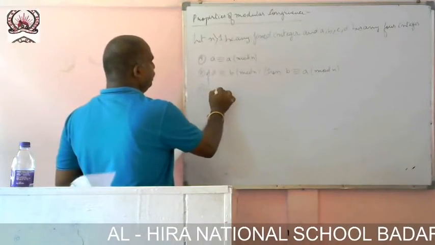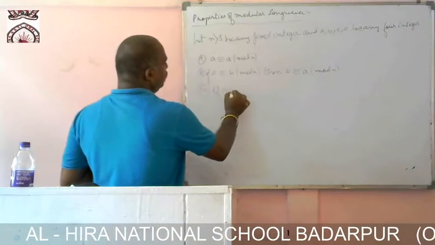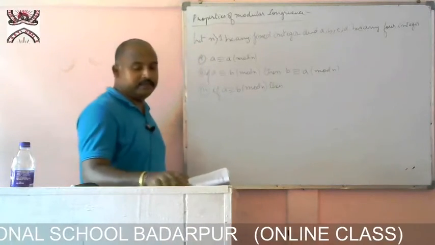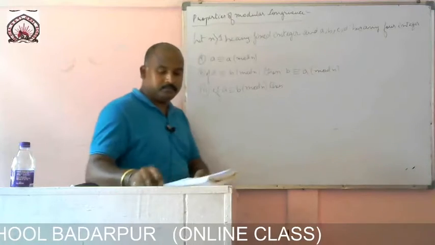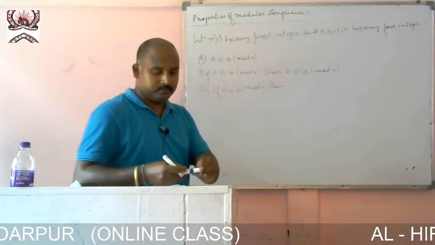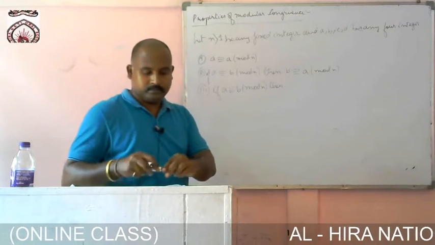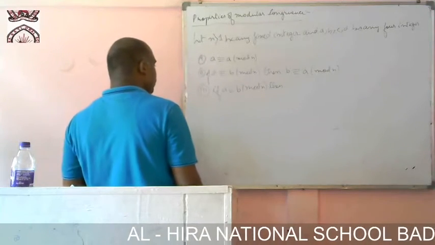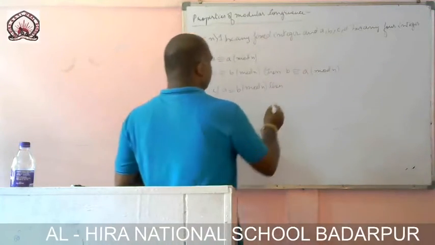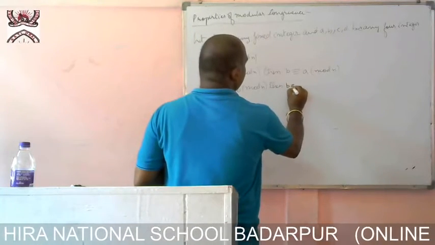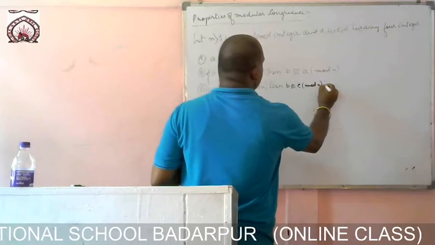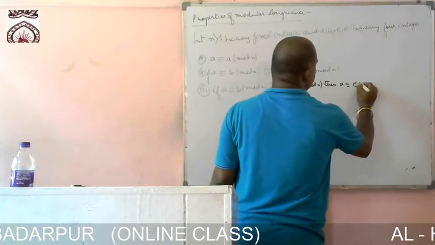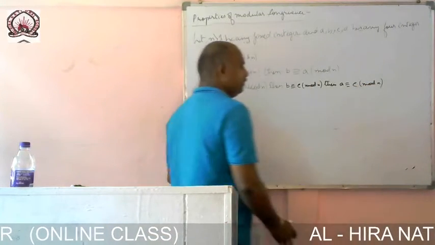Number 3: if a congruent b mod n and b congruent c mod n, then a congruent c mod n.